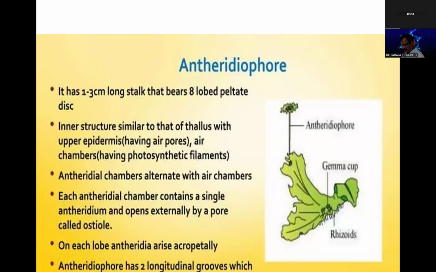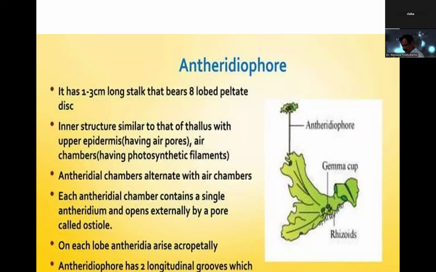Here you are seeing the antheridiophore. Antheridiophore will produce antheridia, that is the male reproductive part. Here you are seeing the antheridiophore in the diagram. Once you look at the diagram, you see the green, dichotomously branched thallus.